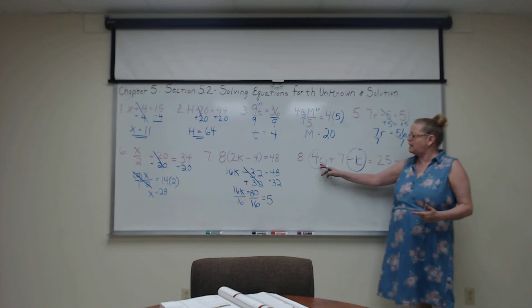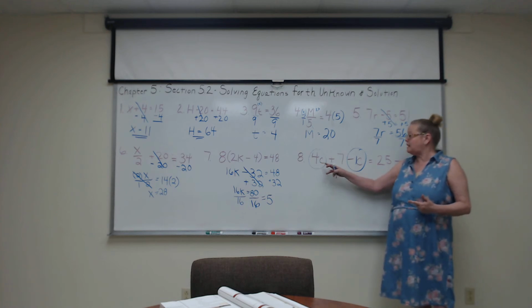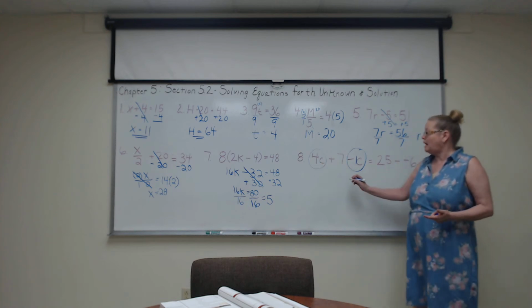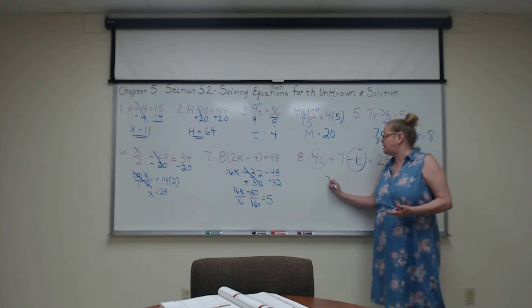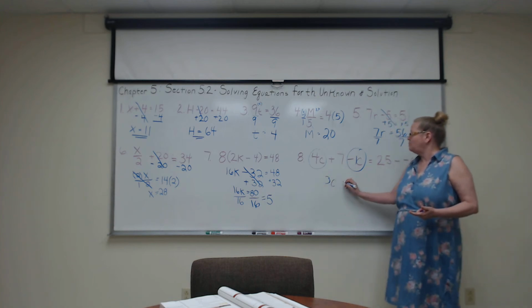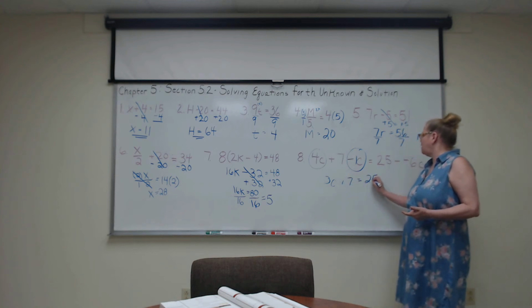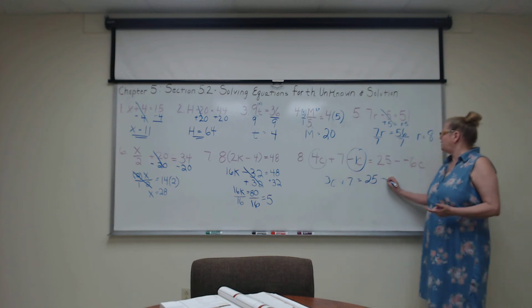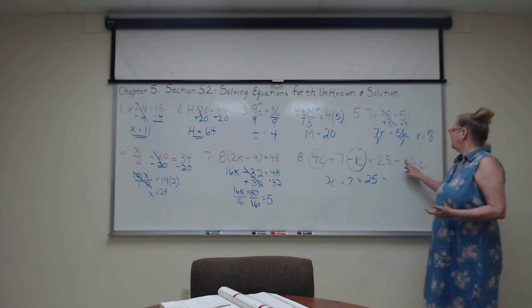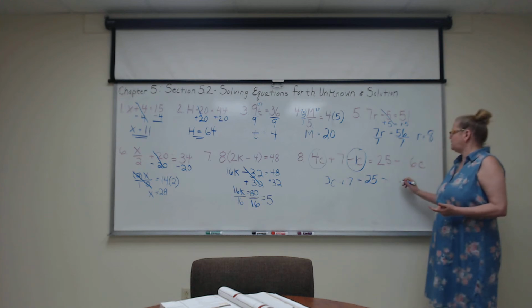So what we're saying is, what is 4C minus 1C? Actually, that's going to give us 3C plus 7 equals 25 minus 6C.